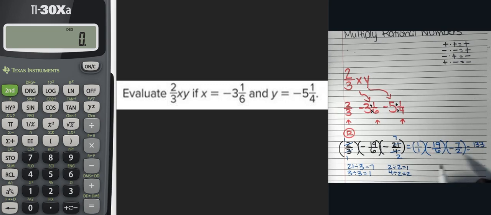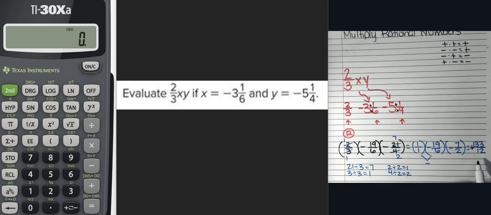So we have 133. And then we have 1 times 6 is 6. 6 times 2 is 12. And now let's just look at our signs, right? So I have a positive and a negative. So these two become a negative. And then I have a negative times a negative, which means it's a positive, right? So this is going to be a positive.